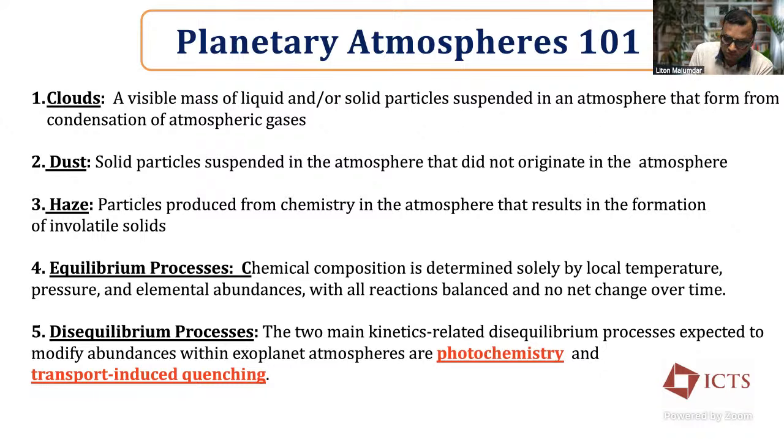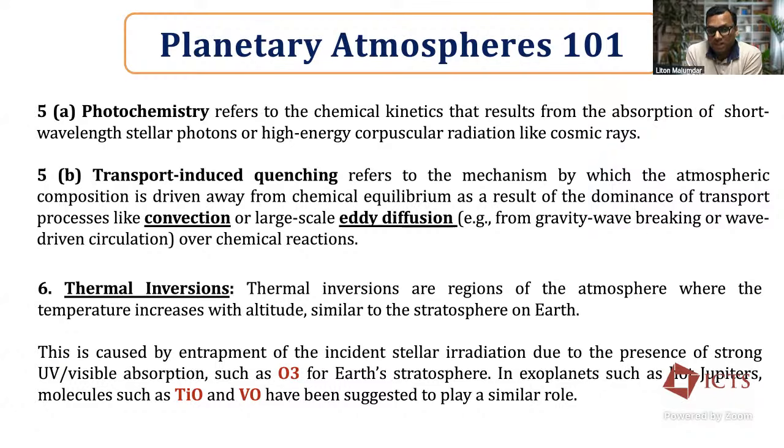Okay. So photochemistry is the photodissociation of atoms and molecules by incoming UV photons, and transport-induced quenching you can think of as the process that drives your atmosphere from equilibrium through processes such as convection or large-scale eddy diffusion.